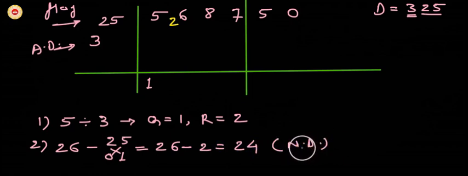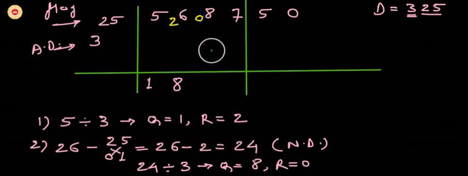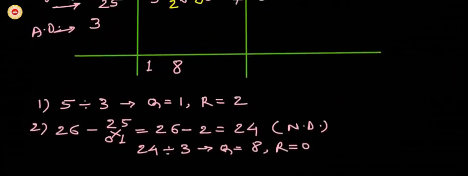Now divide 24 by actual divisor 3, which gives you quotient. 3 8s are 24. Remainder is 0. So write 8 below gross dividend 26 and write remainder 0 as a prefix to next digit in the dividend, which is 8. Right? Now this 8 is gross dividend, and let us calculate net dividend.